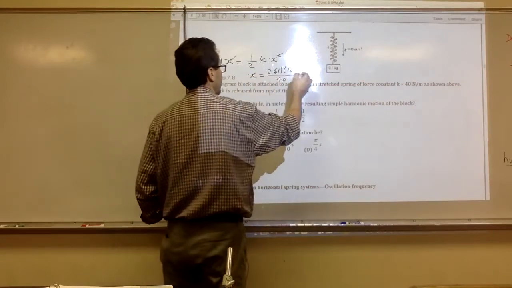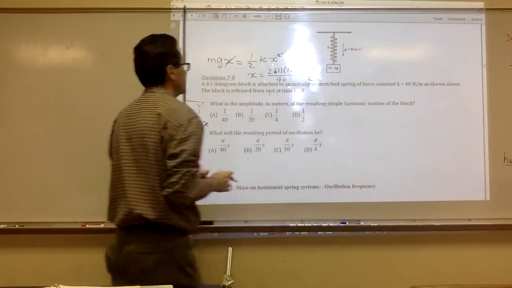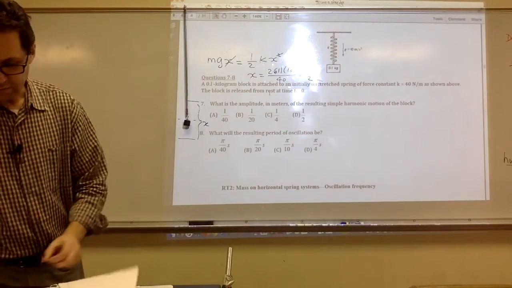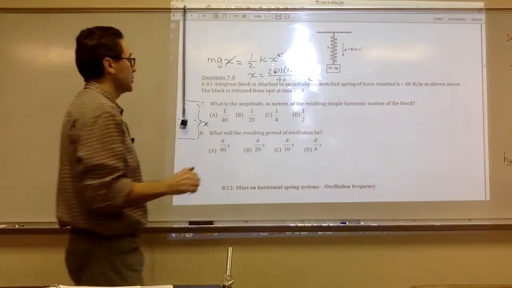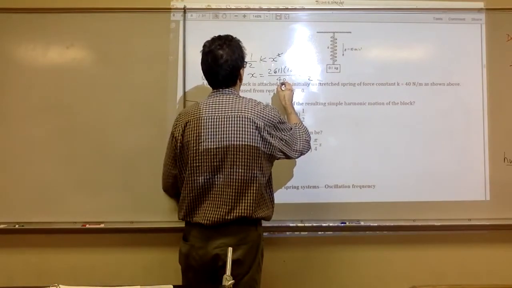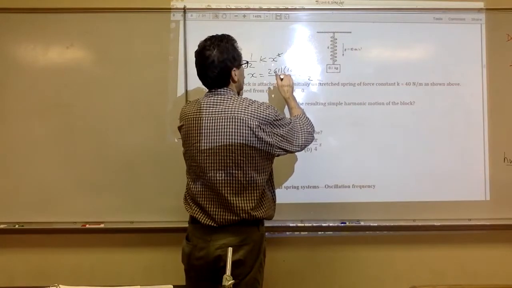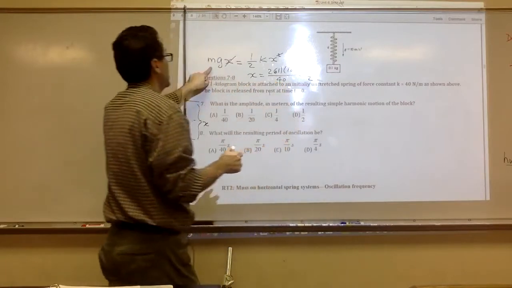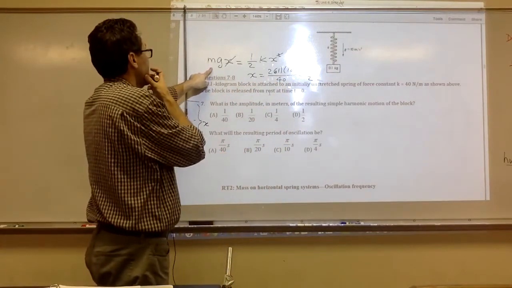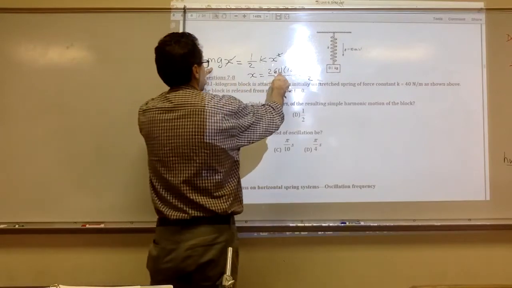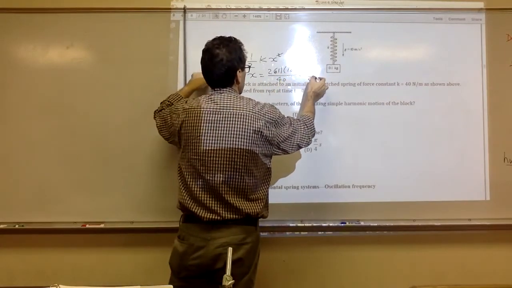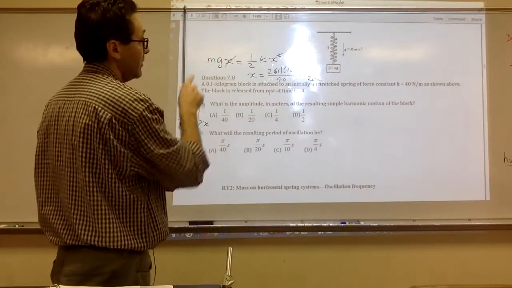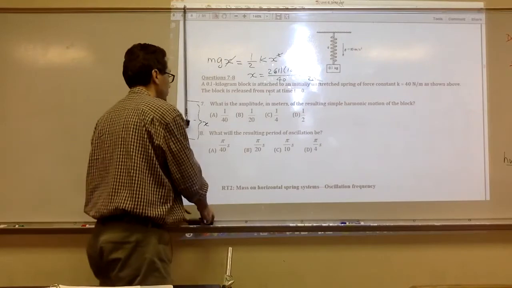So that's going to be 20 over 40. This is mg. So it's 1 over 20. So the amplitude is half of that. So it's 1 over 40.